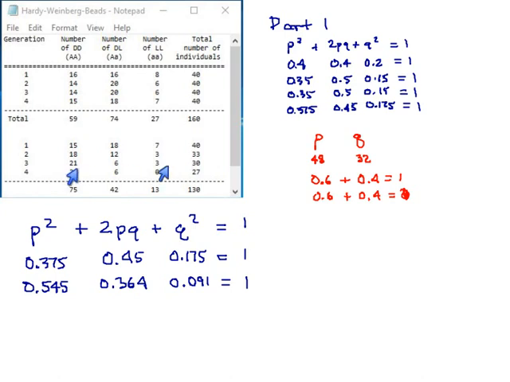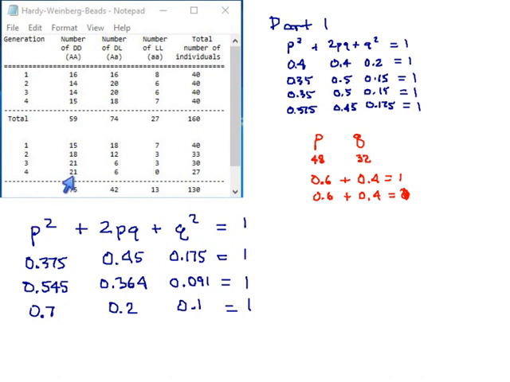Now we have a generation that's 21 out of 30. That's going to be 0.7. And 6 out of 30 is 0.2. And 3 out of 30 is 0.1. 7 plus 2 plus 1 is 10. Yep, that adds up to 1 rather nicely.